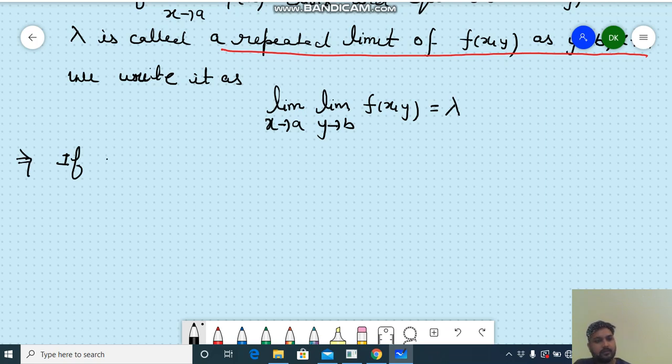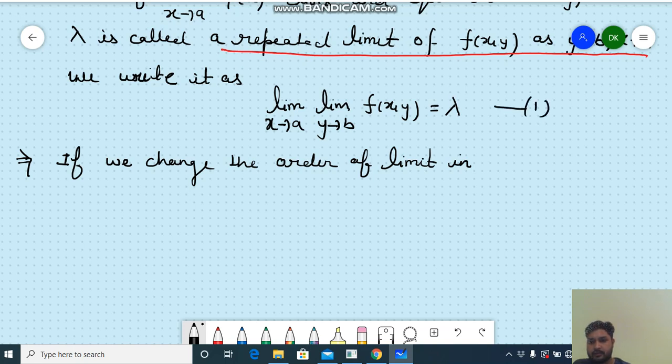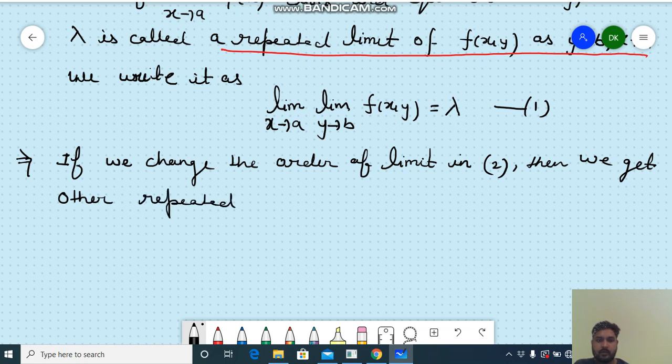If we change the order of limits in this equation first, then we get another repeated limit of f(x,y) at the point (a,b).